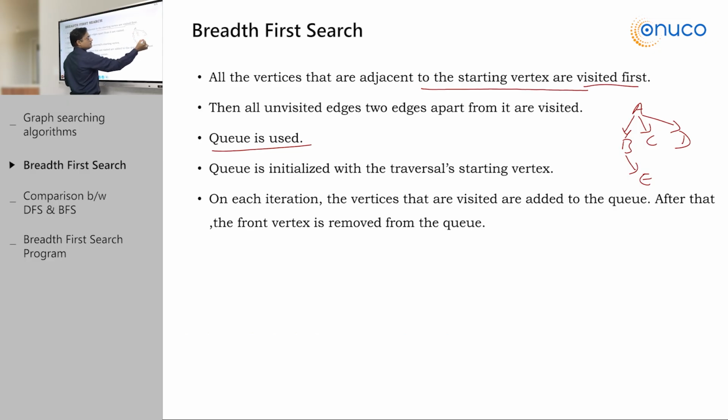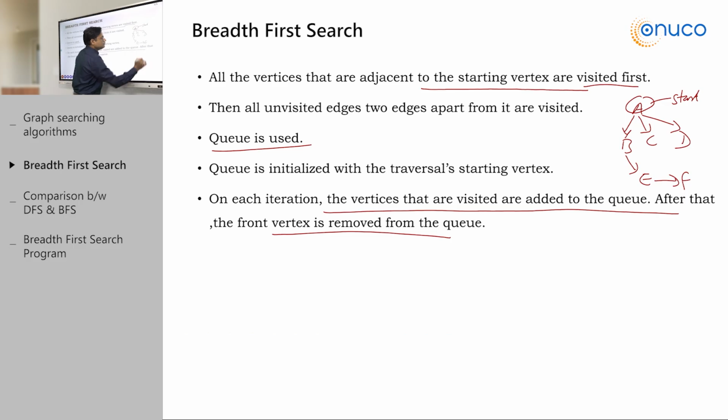From D we don't have any path, only E, E to F, right? The queue is initialized with the traversal's starting vertex, and in that case we have taken this as the start vertex, right? On each iteration, the vertices that are visited are added to the queue, as I have shown you with an example, and after that the front vertex is removed from the queue. I have already shown you this with an example.